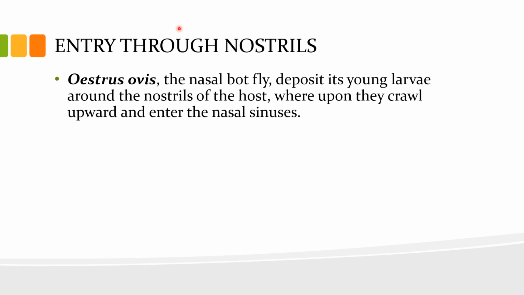So the sheep botfly, or Oestrus ovis, is an obligate parasite, and it cannot complete its life cycle without utilizing the nasal passages, frontal and maxillary cavities, and sinuses of most domesticated sheep.